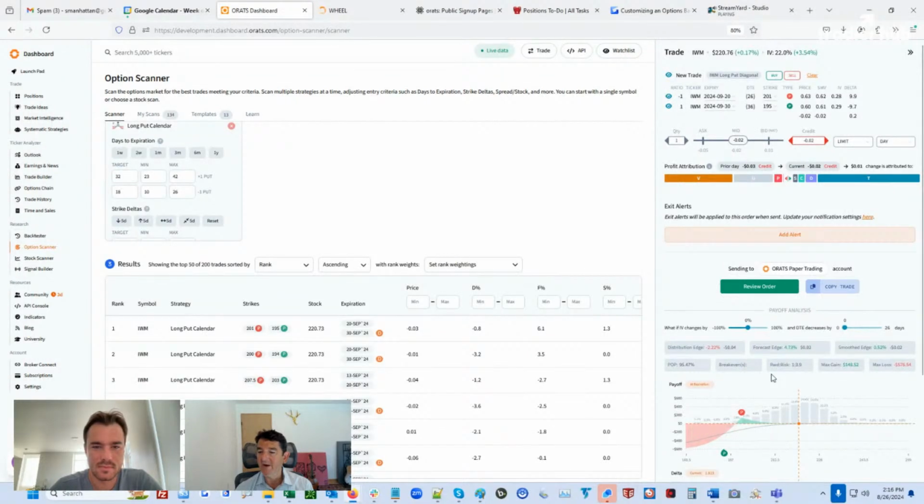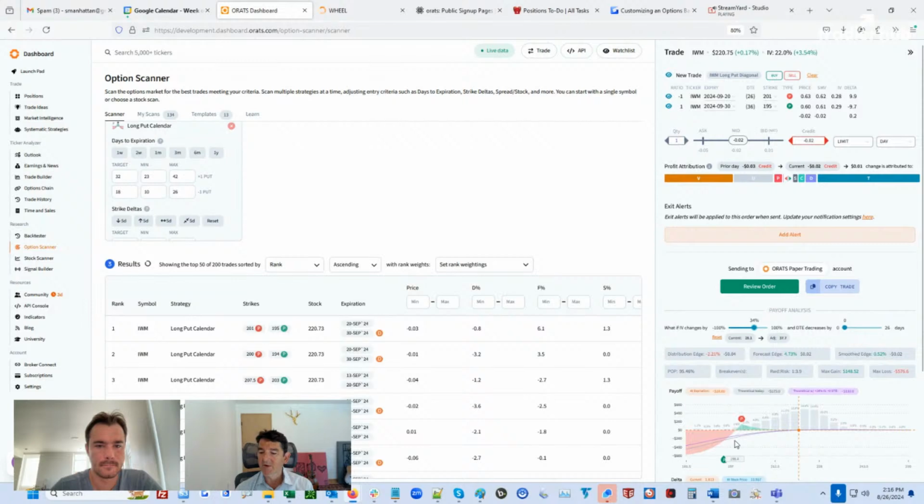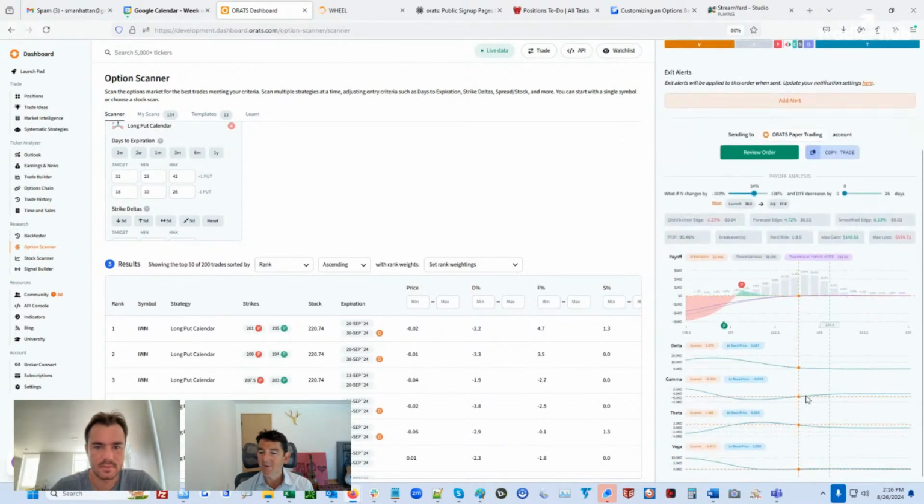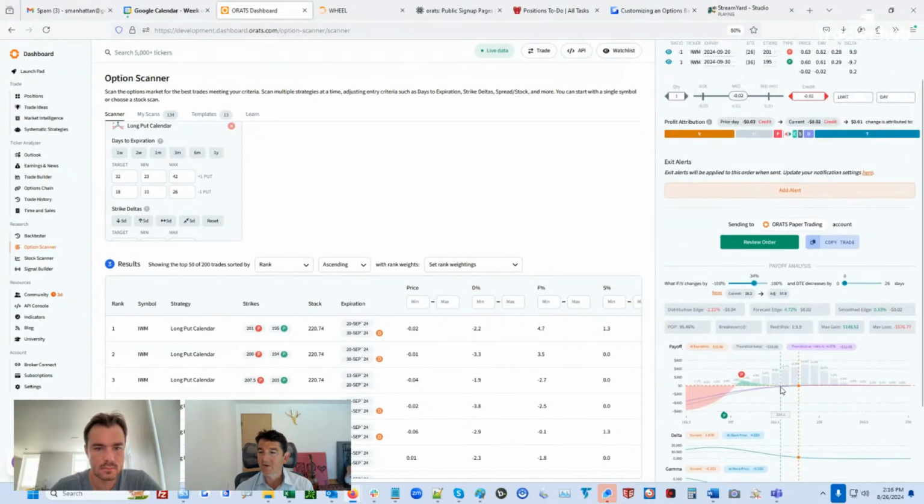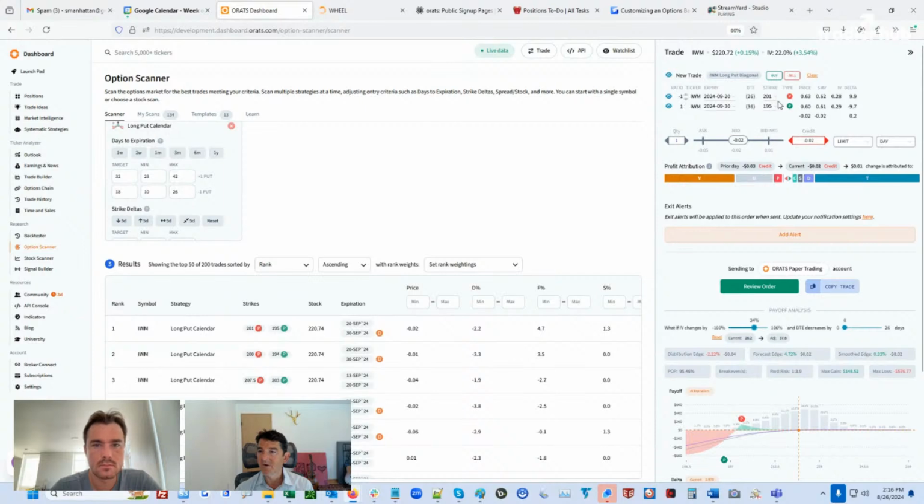I think also as it goes down, volatility will be going up, so you could see that in the max loss, you're going to be cushioned as it goes down there. So this is a long Vega trade. It's got a positive Vega on it. Yeah, it's positive Vega. I don't know why it says negative Vega. Oh, right here.